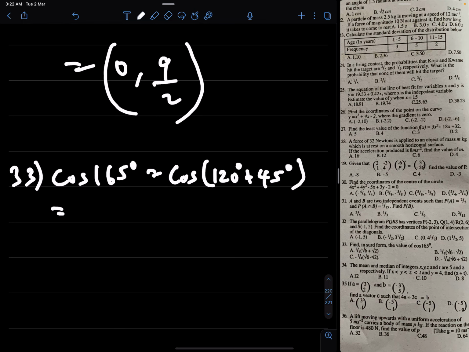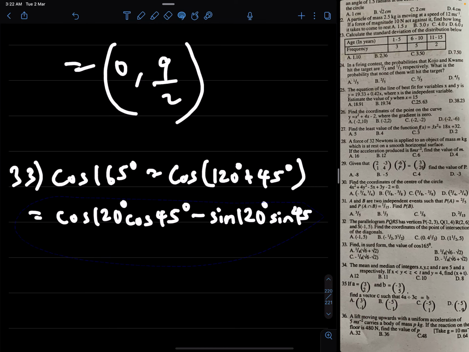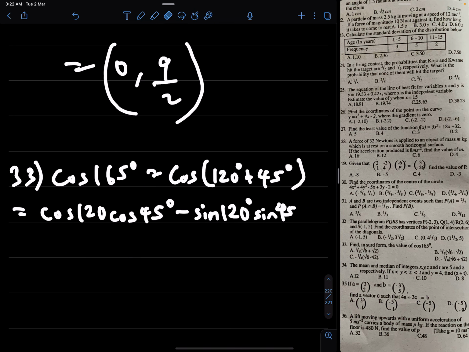That's the same as cos 120 degrees cos 45 degrees minus sine 120 degrees sine 45 degrees.